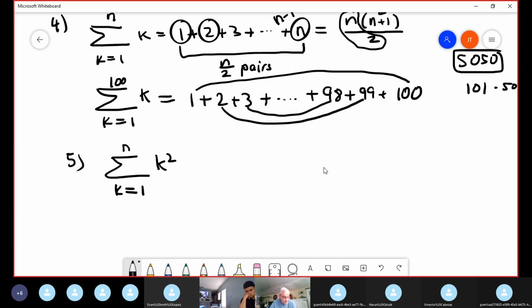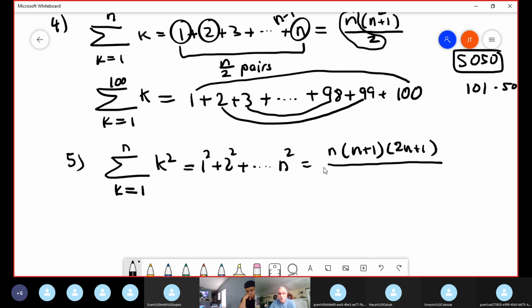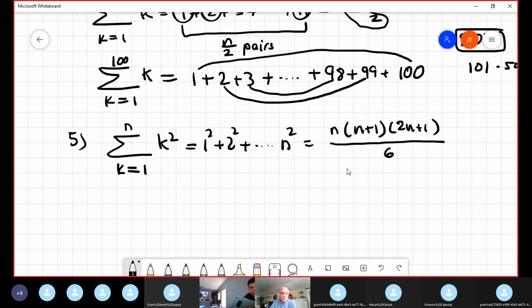When you have the sum of k squared, k equal 1 to n, 1 squared plus 2 squared plus up to n squared, the formula is n times n plus 1 times 2n plus 1, divided by 6. It's the formula when you add the first n natural numbers, but squared.